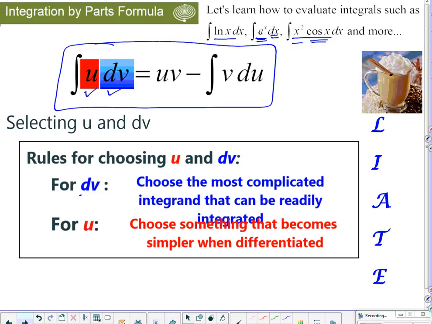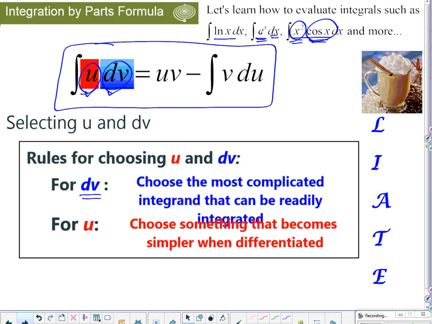For the dv, I want to select the most complicated part of the integrand that can be readily integrated. So I'm going to choose the most complicated part. So looking up here, which one is more complicated? And you can select that to be your dv.